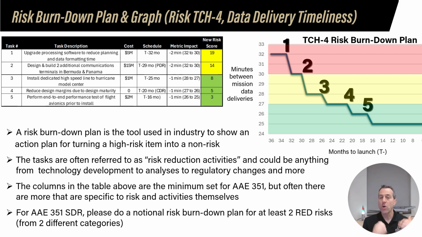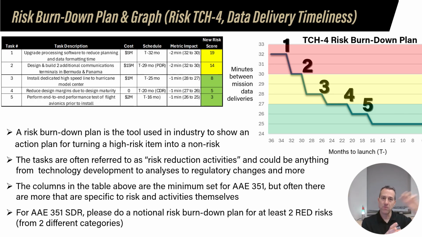So for your SDR, I want every team to do a burn down plan like this that shows the reduction, that shows when that happens roughly in the timeline of a program for at least 2 of your red risks. And that would be not 2 from the same category, but 2 from 2 different categories. If you recall, I'm asking you to have at least 3 red risks total across 3 different categories.